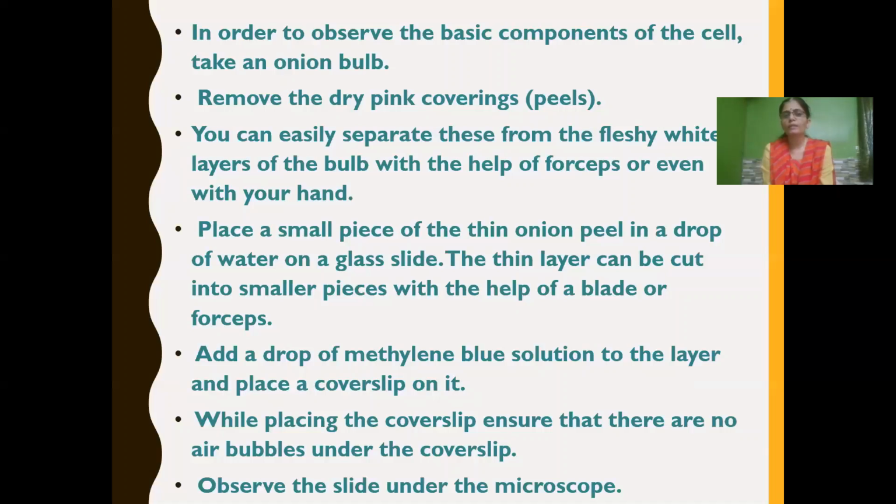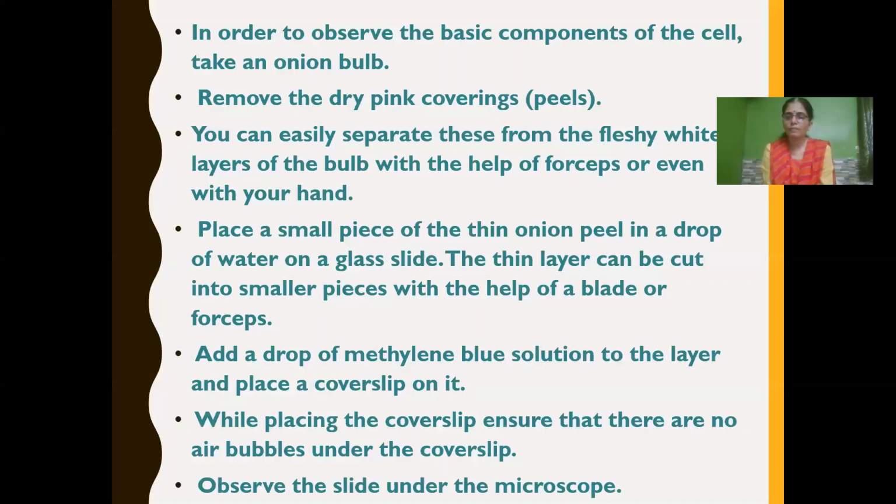First, we have to take a thin piece of onion peel, which can be removed with the help of a blade or forceps. Then place it on a glass slide, then add a drop of water. Otherwise, it will get dried. Then add a drop of methylene blue solution, which adds color to the onion layer, and then place a cover slip on it.